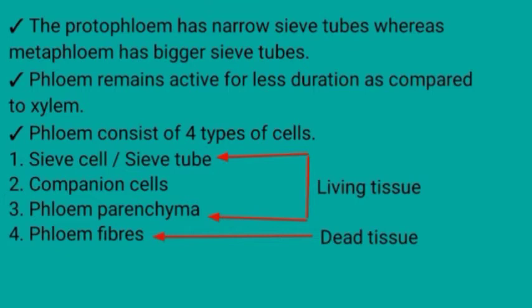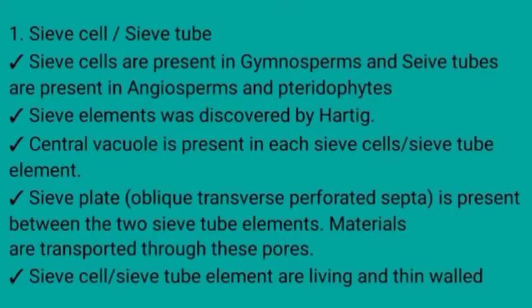Now, the very first one is sieve cells or sieve tubes, which are collectively called sieve elements. Sieve cells are present in gymnosperms and sieve tubes are present in angiosperms and pteridophytes. Sieve elements were discovered by Hartig.